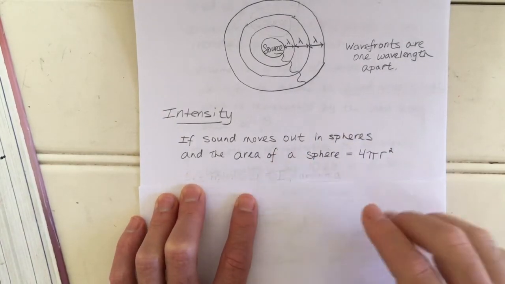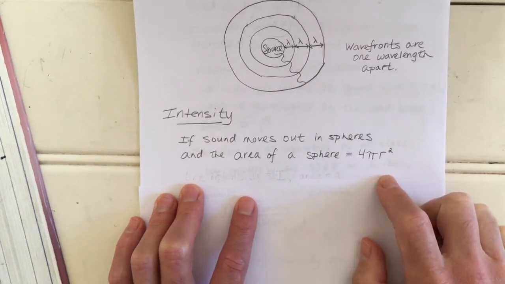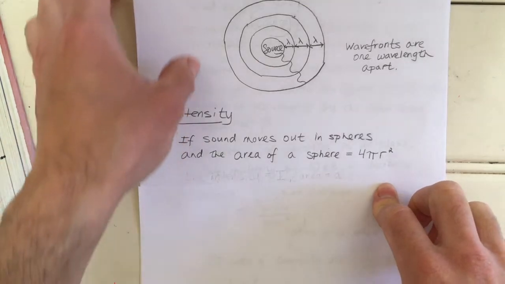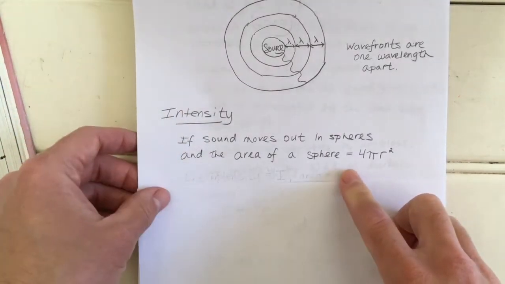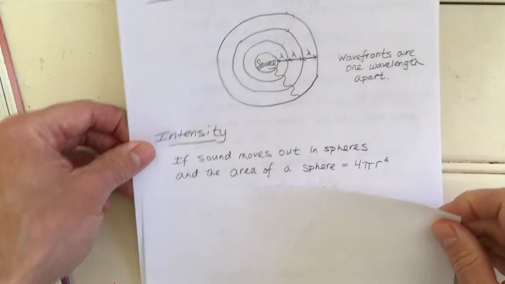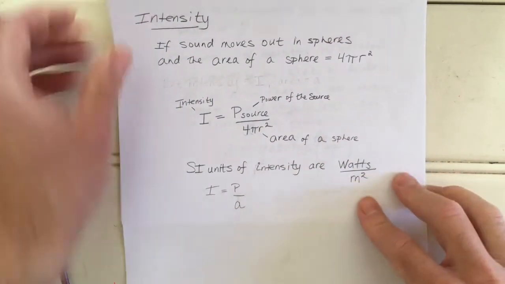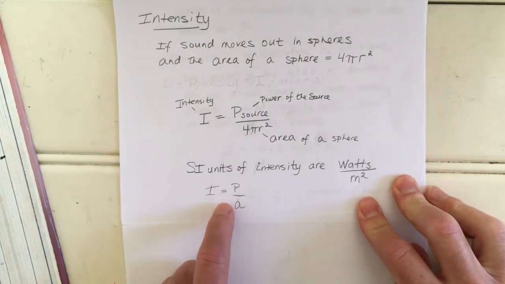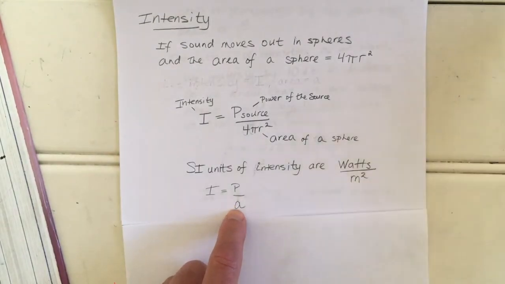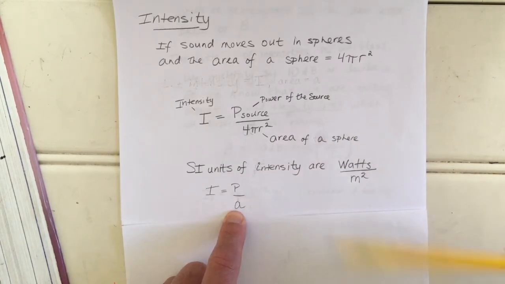So if sound moves out in spheres, just a reminder here, the area of a sphere is 4 pi r squared. I think the volume of a sphere is 4/3 pi r cubed, but anyways, area of a sphere, 4 pi r squared. Why is that important? Because in our intensity formula, which is just generically written as intensity equals power over area, I'm using a little a here because I don't want to confuse area with amplitude. I'll save capital A for amplitude.